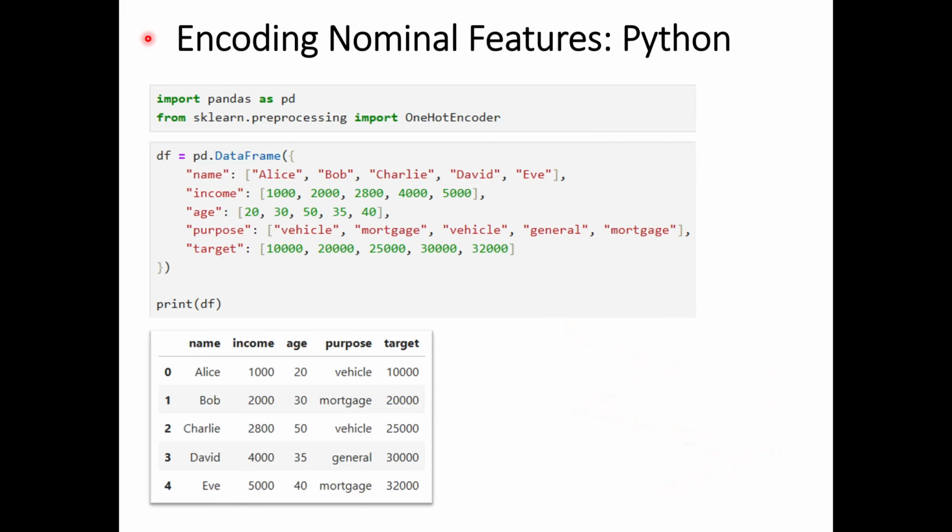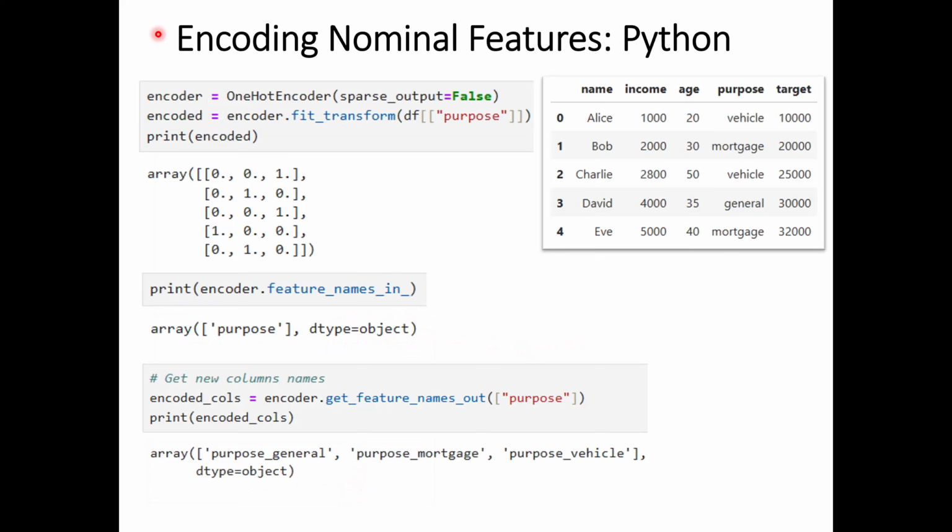One-hot encoding can be conveniently done using the OneHotEncoder class from the preprocessing module in the scikit-learn library. Let's add the feature purpose to our dataset. We create an object of the OneHotEncoder class. The optional parameter sparse_output equals False means that for easier viewing, we want a regular matrix instead of a sparse one.